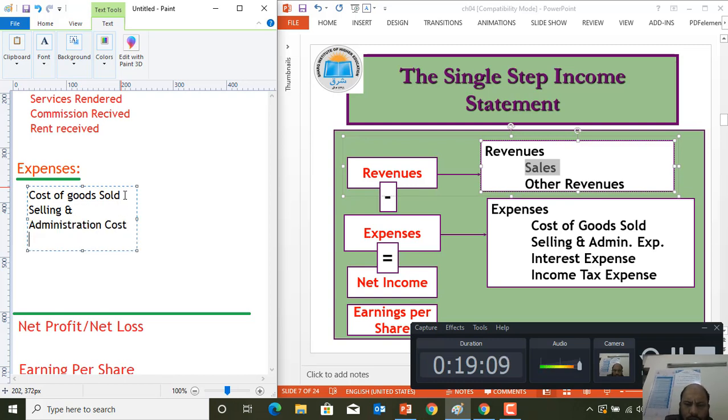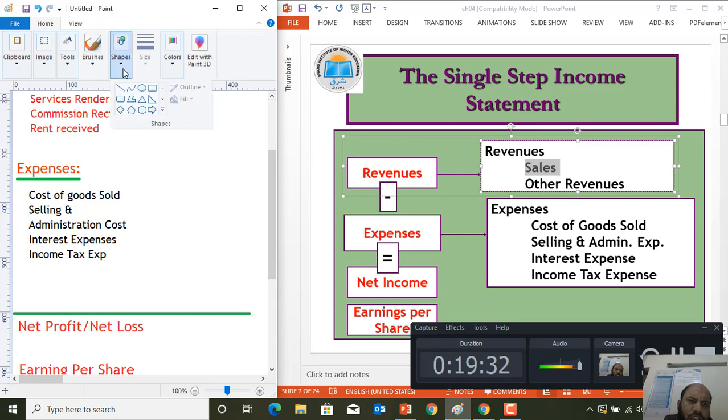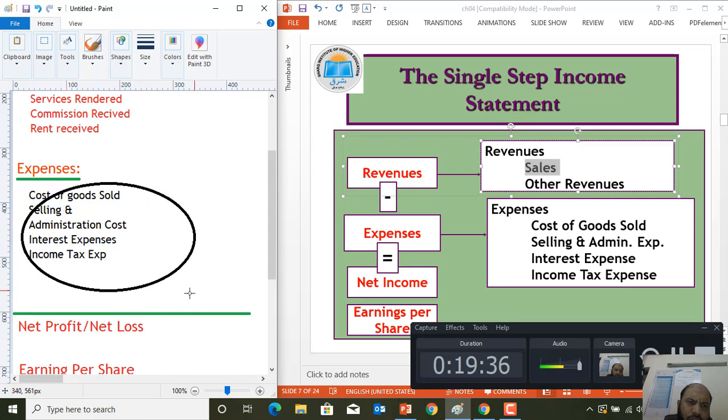Along with this, we have like interest expenses, and we have the income tax or tax expenses. We have a lot of other types of expenses. So, dear students, what we will do, we will deduct all these expenses that you may be looking at over here. These are the different types of expenses.